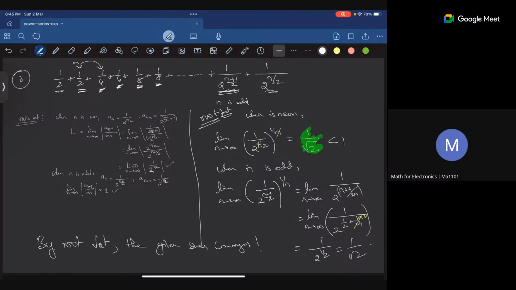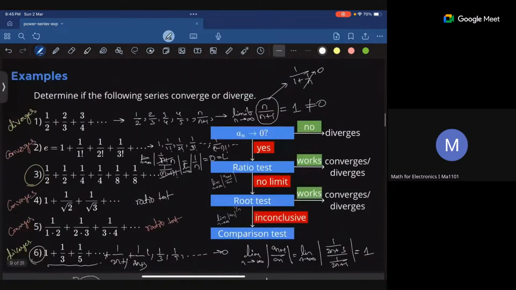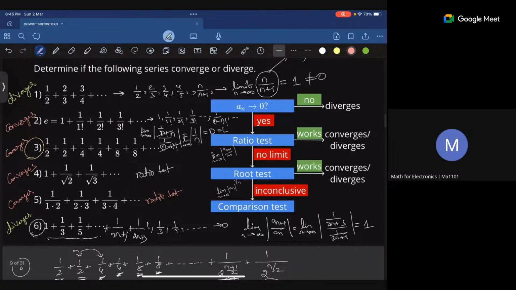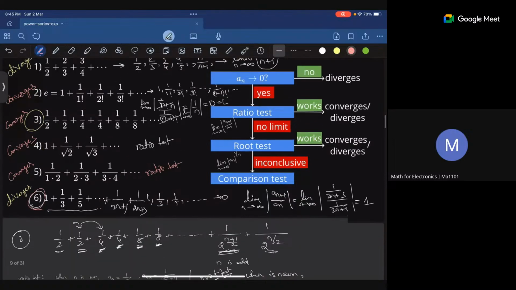Okay, but the ratio test has failed, which implies that there are series for which the ratio test may not exist or is inconclusive, but root test may exist. So root test can give you a result. So here the third example will also converge. Okay, so we'll look at the sixth problem at the end or maybe in the next session.